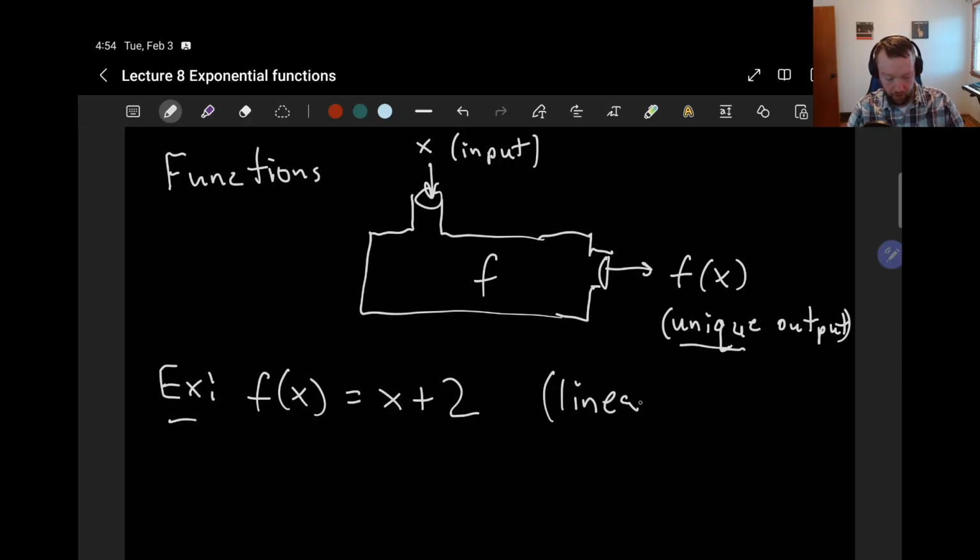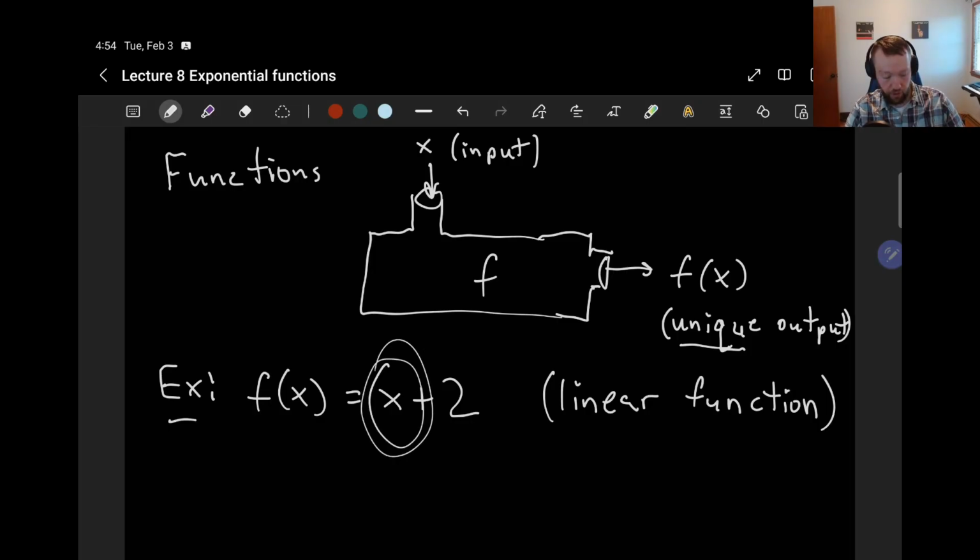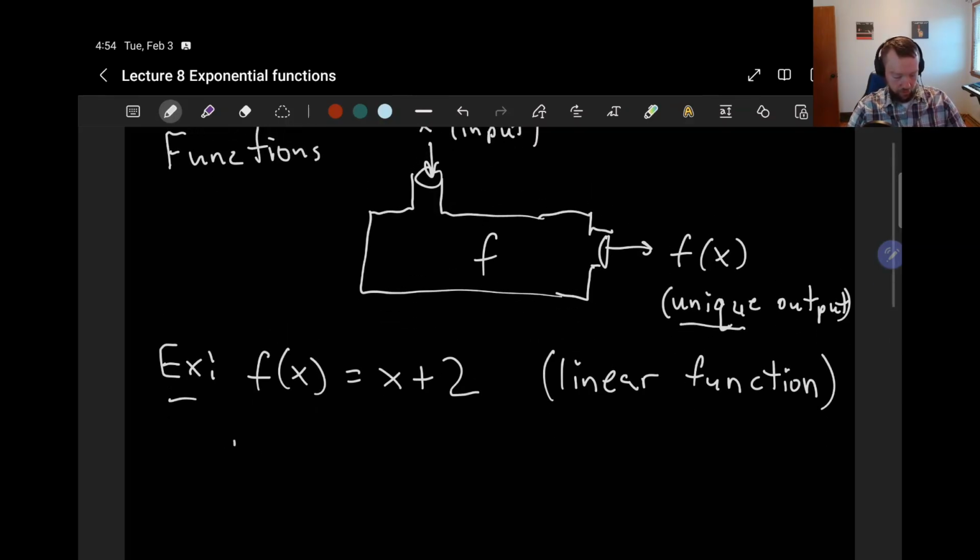Now we call this a linear function because it represents a line. It's a degree 1 polynomial. Suppose I plug in the number 1, then the output would be f of 1.